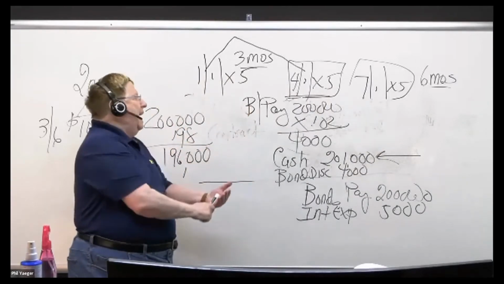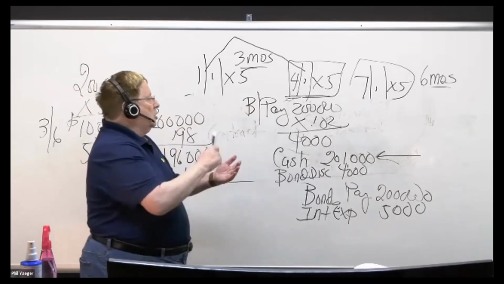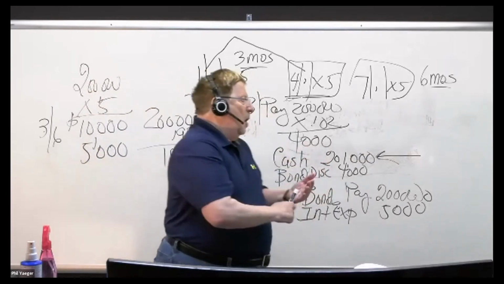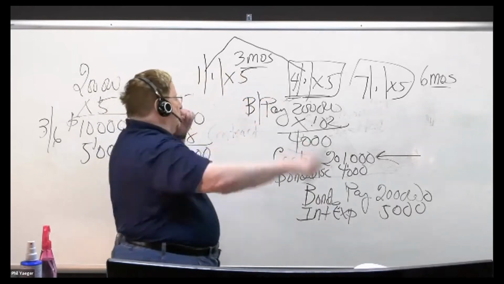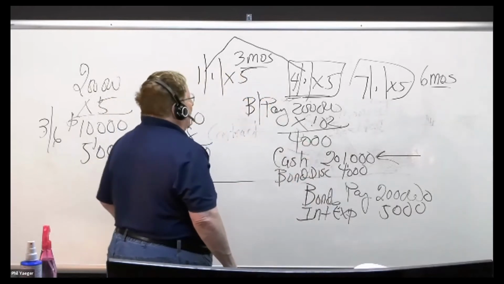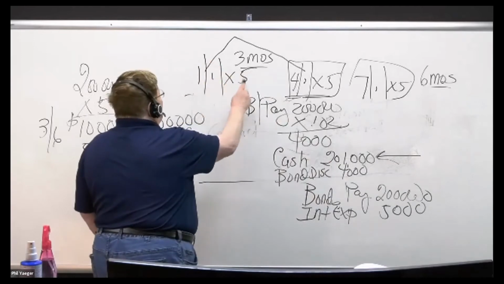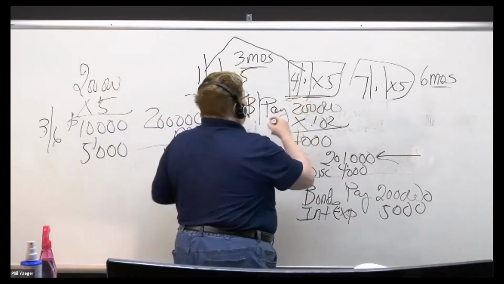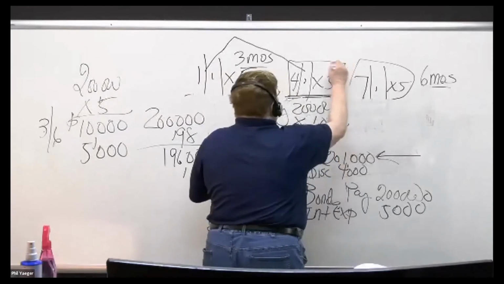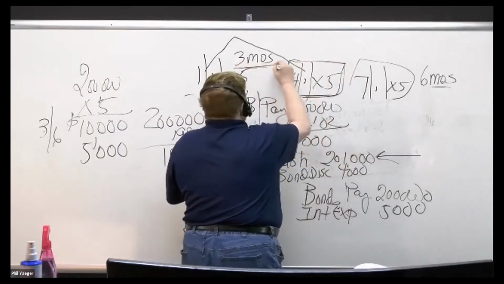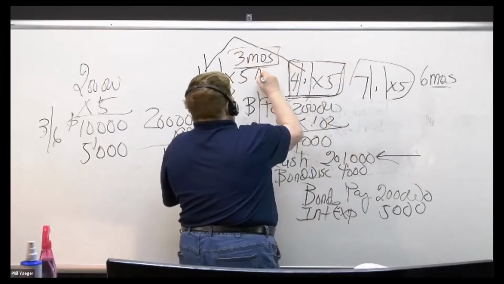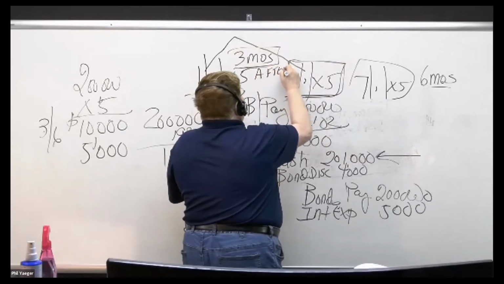All right, so how do you handle this when bonds are not sold on the date of the bond contract? They're sold afterwards. If it's 6 months of interest, they were dated 1/1x5, but they were not sold until the issue date of 4/1x5. So they were sold 3 months after the contract, right?